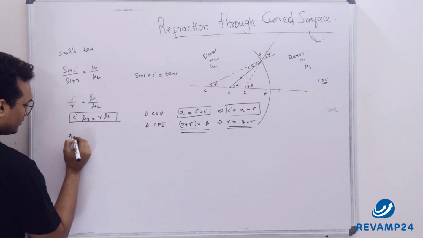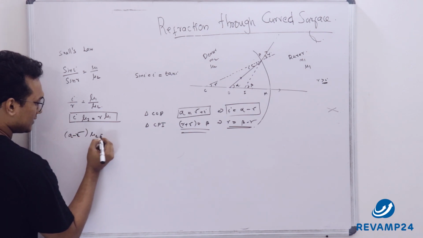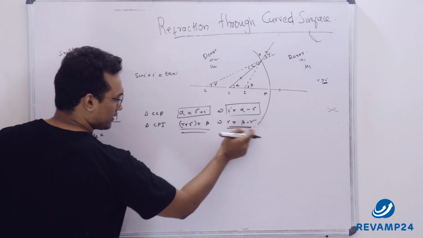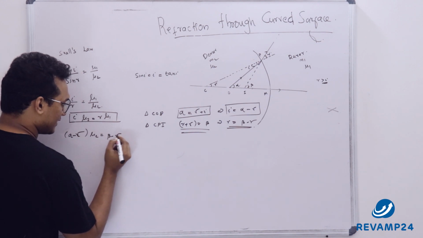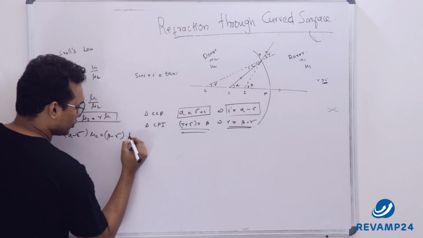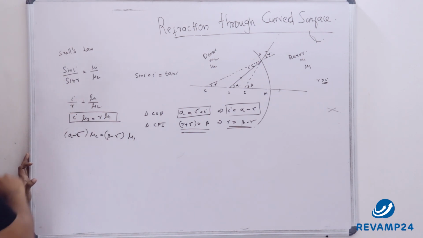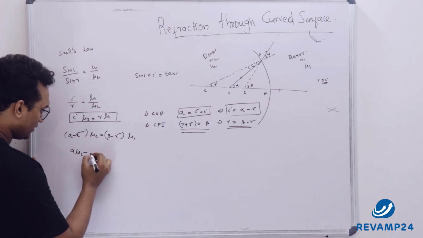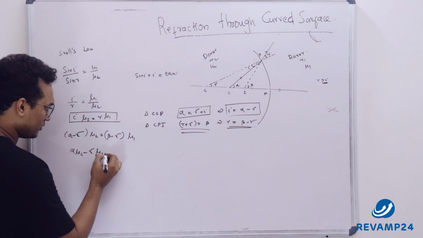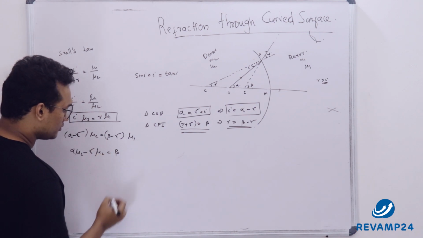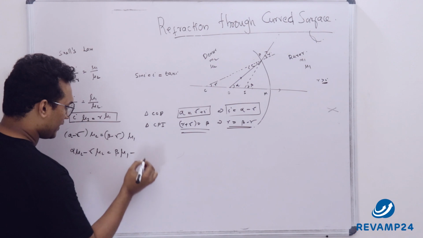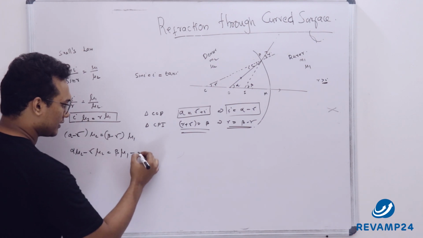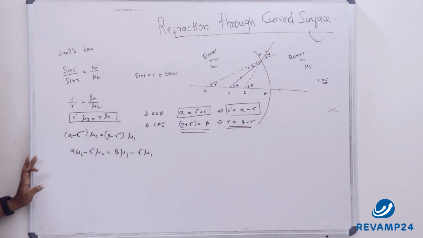So alpha minus gamma into mu 2 is equal to R. What is R? Beta minus gamma into mu 1. Cross multiply. So alpha into mu 2 minus gamma into mu 2 is equal to beta into mu 1 minus gamma into mu 1.